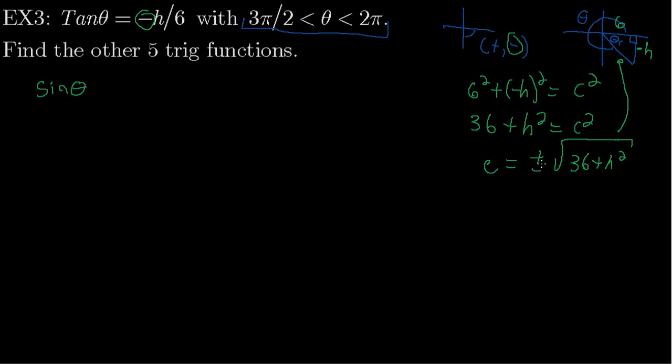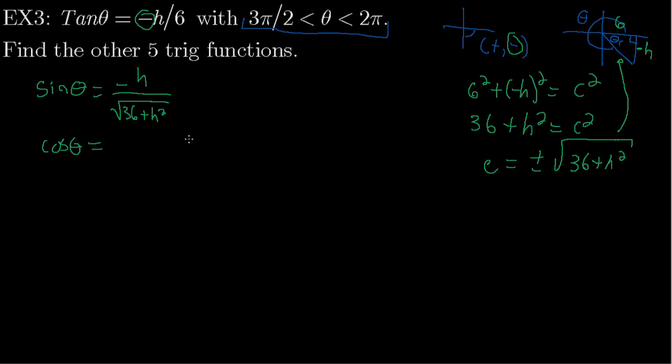I'm going to determine positive or negative based on my quadrant information and not in my diagram. Sine theta, opposite over hypotenuse, negative h over the square root of 36 plus h squared. I know that in quadrant 4 the sine should be a negative value, and so I'm going to leave it as negative h over a positive square root.